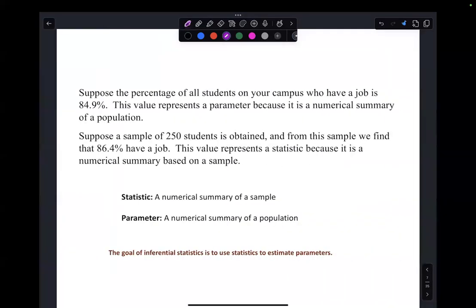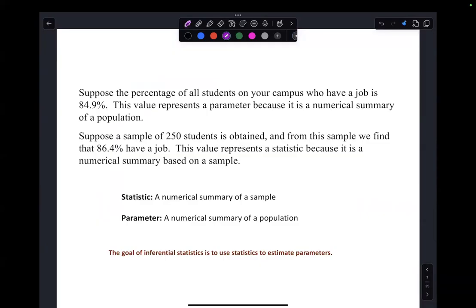All right. So suppose the percentage of all students on the campus who have a job is 84.9%. So if I take the entire campus and everybody on campus, 84.9%. So if I took a sample of 250 students, 86.4% of that sample have jobs.